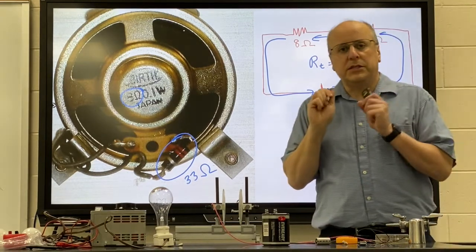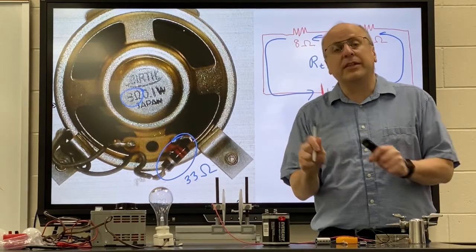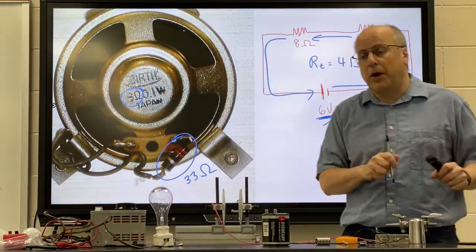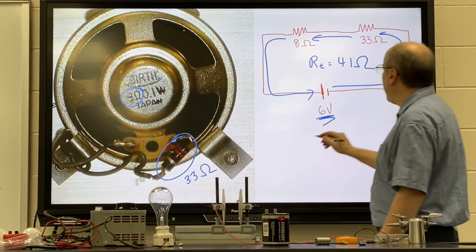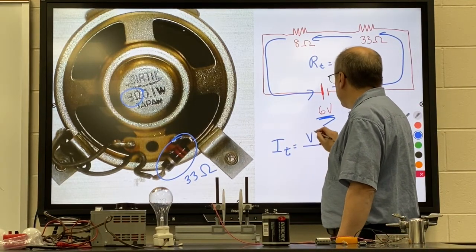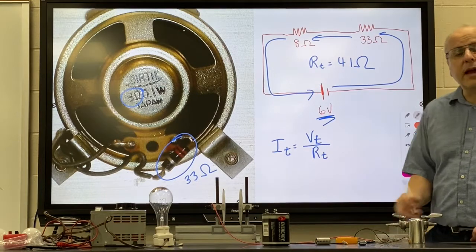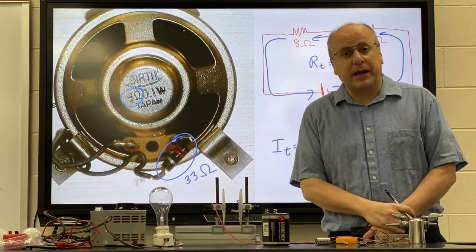Series circuits: add the resistors together. The electricity must go through both. Once you have the total resistance, you find the current by using the formula current equals voltage divided by resistance.